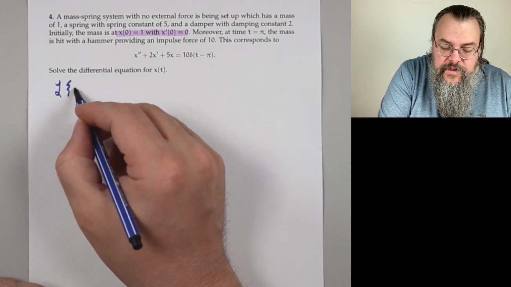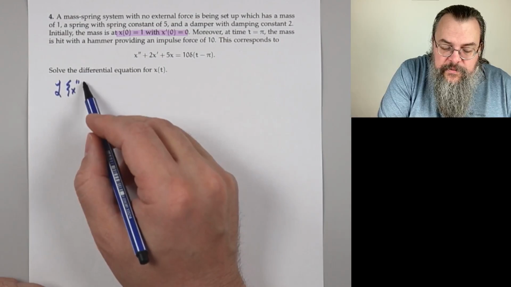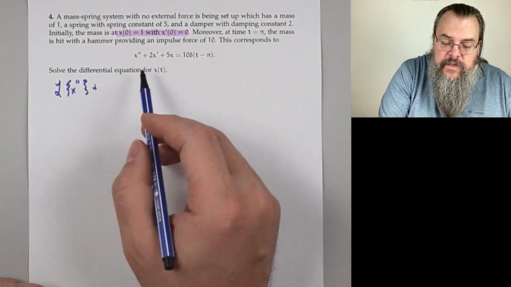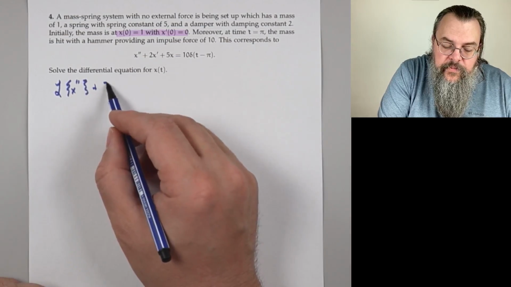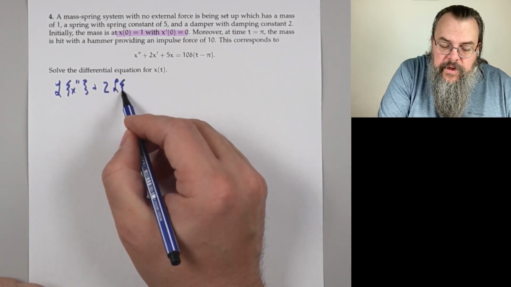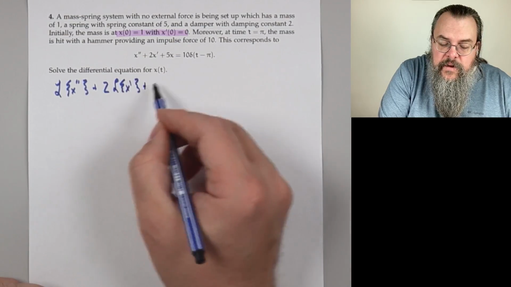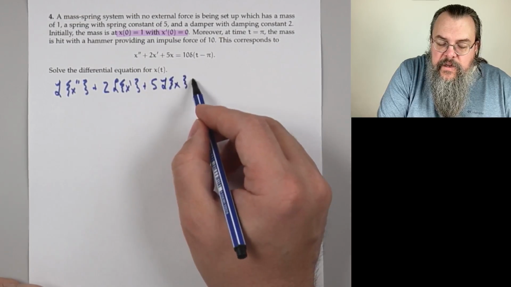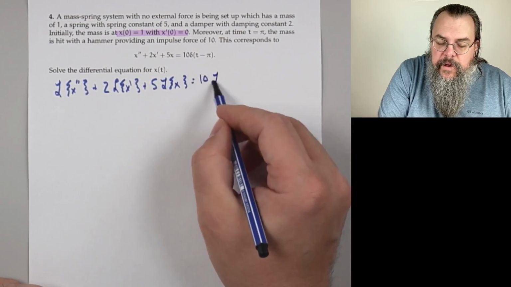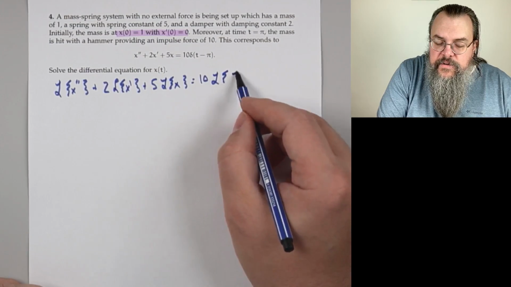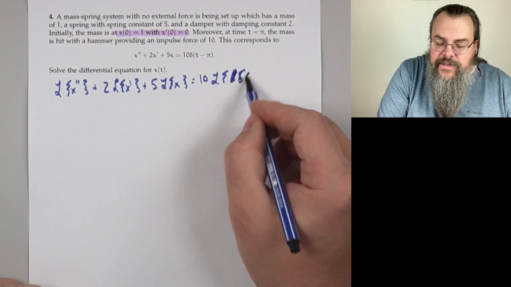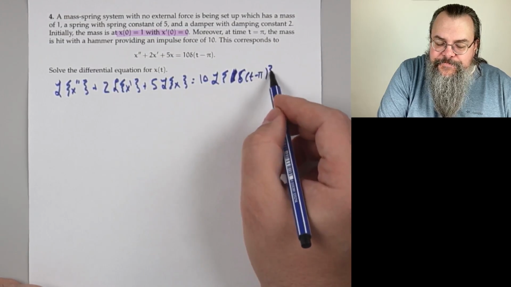The key, of course, is we're going to take the Laplace transform of everything. So I'm going to take the Laplace transform of this left-hand side. So 2 Laplace transform of x prime, 5 Laplace transform of x is equal to 10 Laplace transform of delta of t minus pi. There we go.